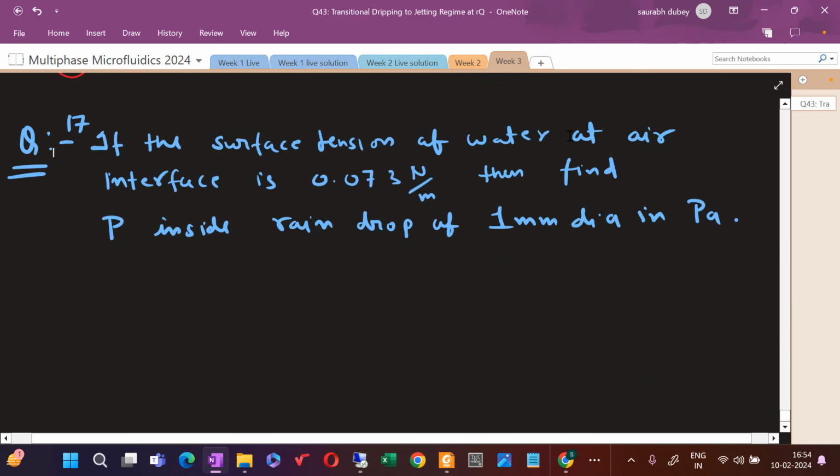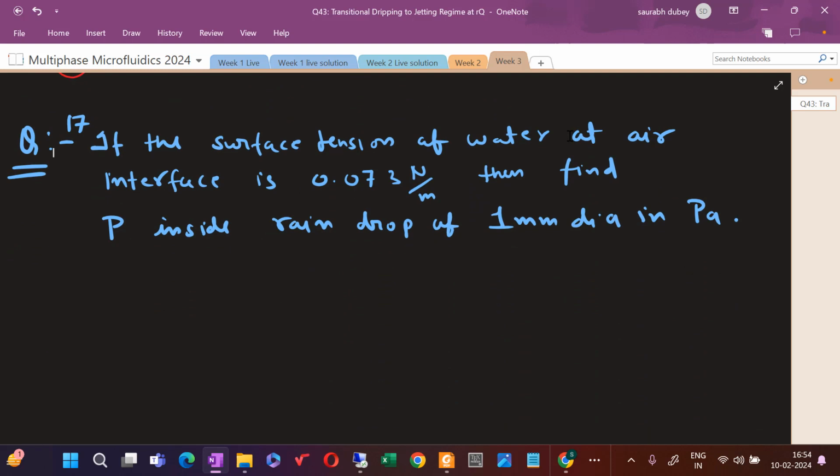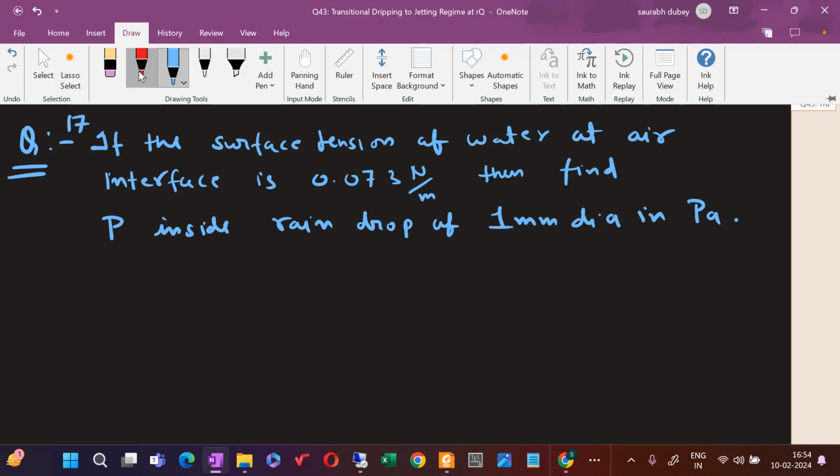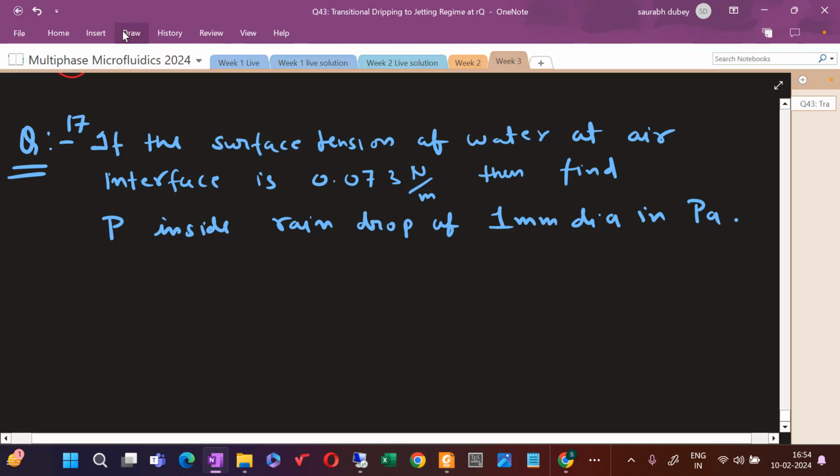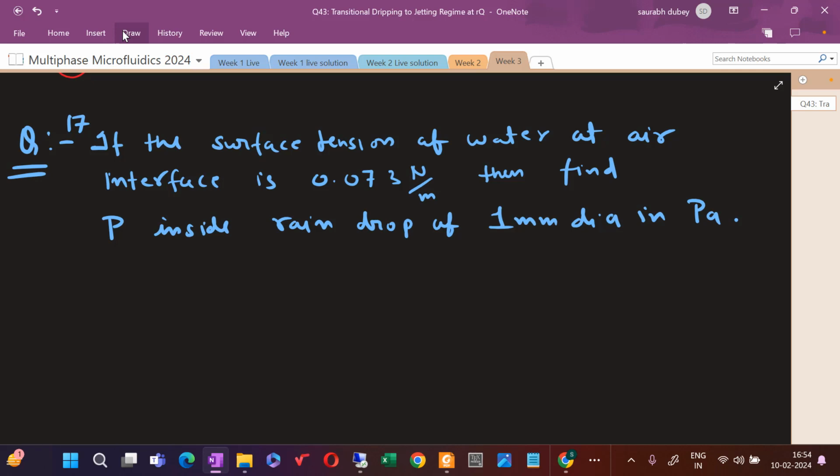When you go for solving this problem, there are some formulas that you should know.